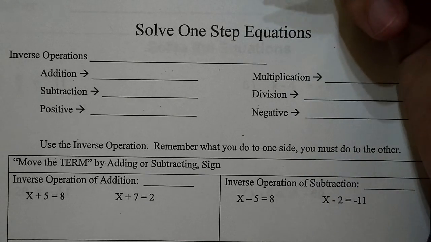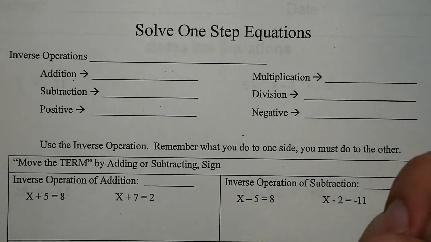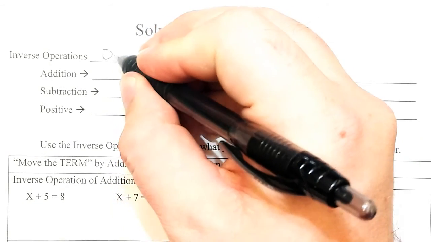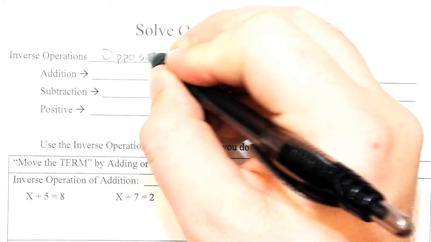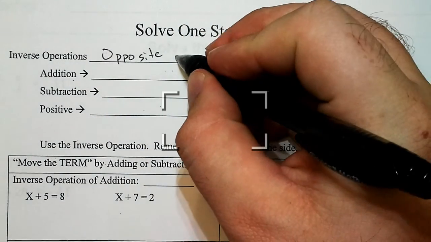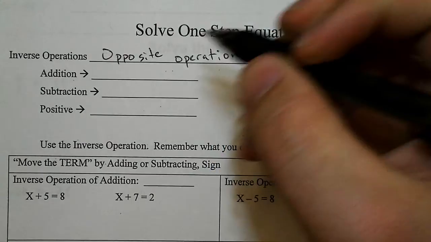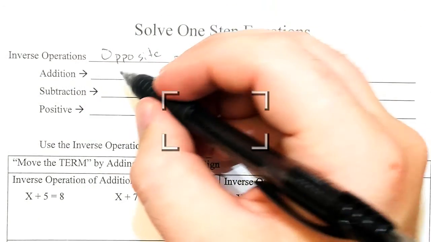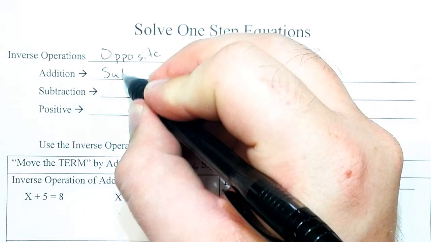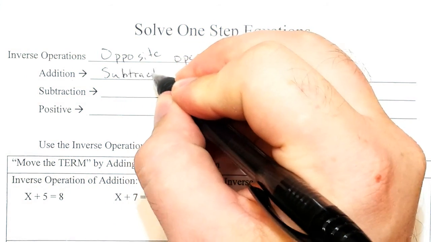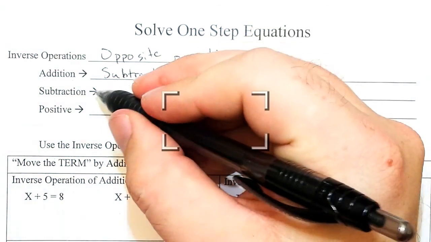So, inverse operations. Inverse means opposite. The opposite of addition is subtraction. The opposite of subtraction is addition.